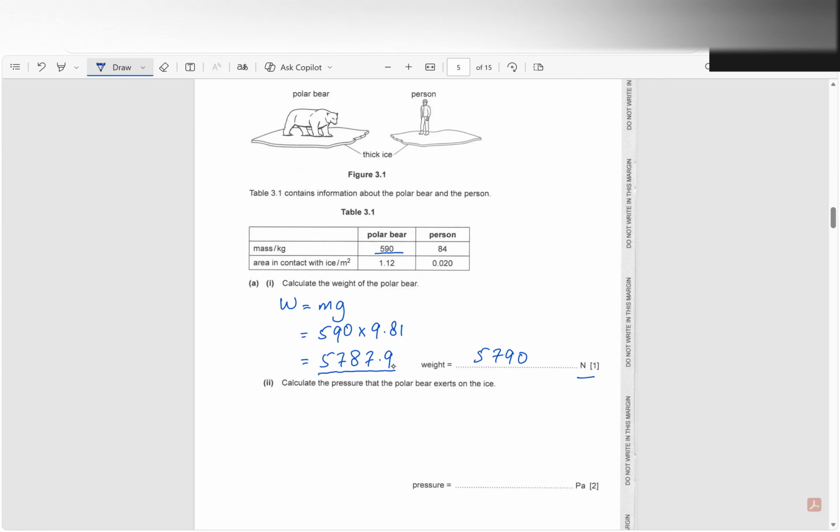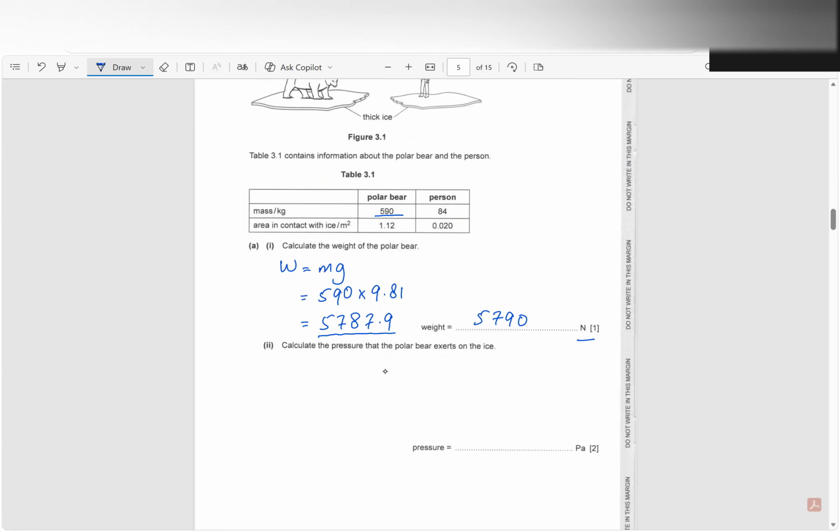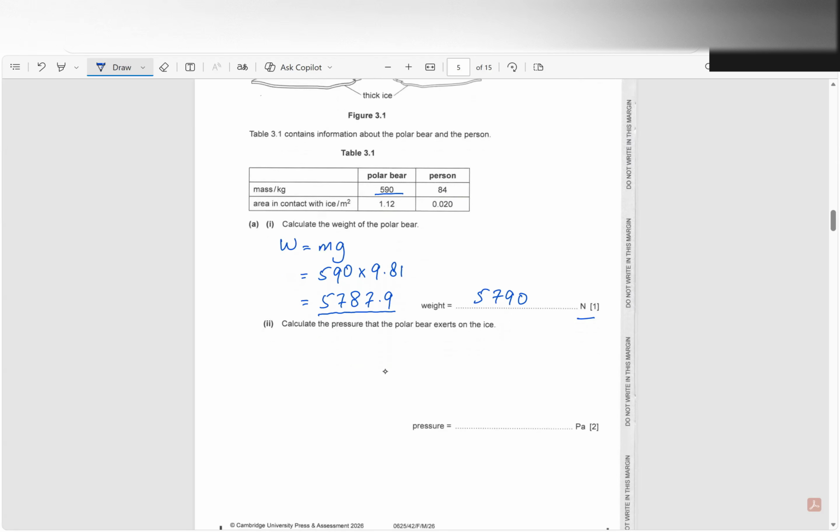Moving on. Next part says, calculate the pressure that the polar bear exerts on the ice. Pressure. So for pressure, one simple formula that we have is pressure is equal to force over area. Absolutely. So when we talk about force, here we've been asked to calculate the pressure that the polar bear exerts on the ice, force over area.